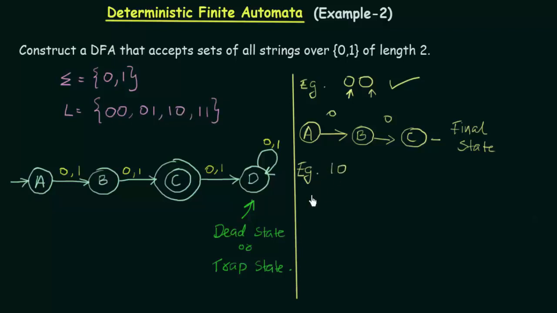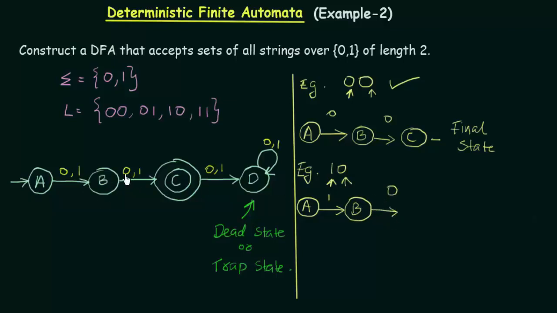1, 0. Again, I start from my initial state A and the first input is 1. So on getting input 1, what happens to state A? State A, on getting input 1, goes to state B, right? And now the next input is 0. I am in state B and I get input 0.